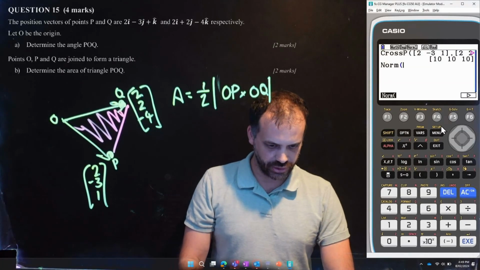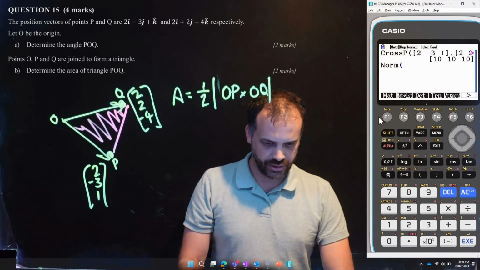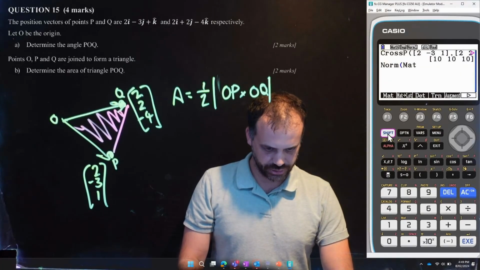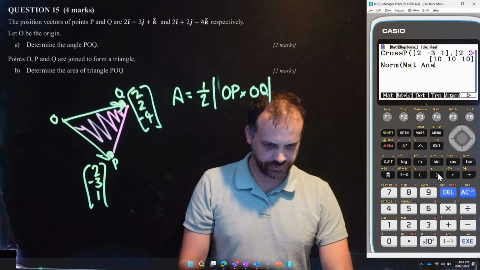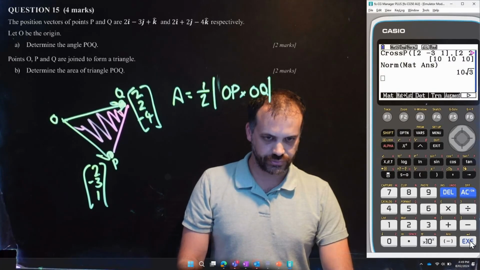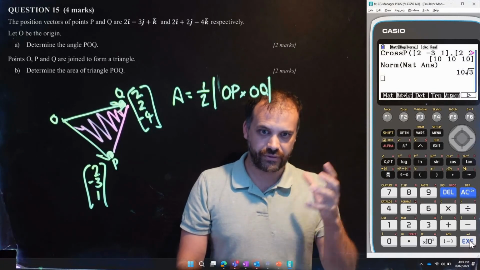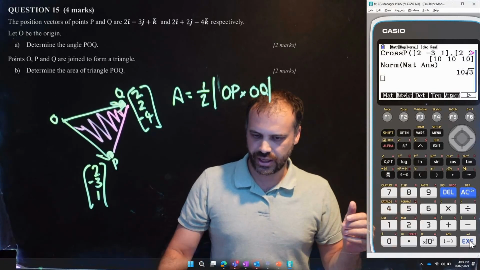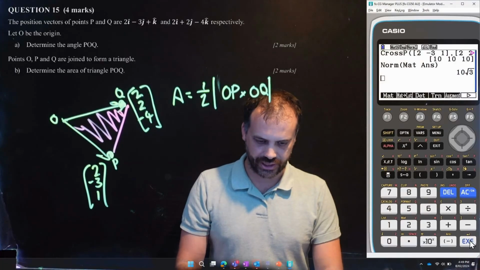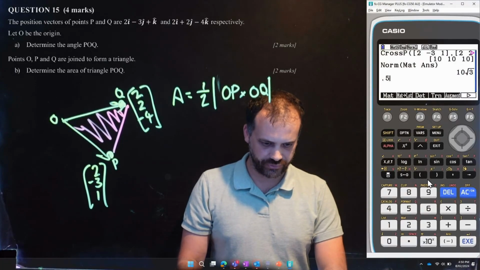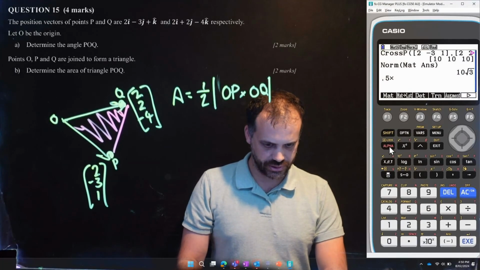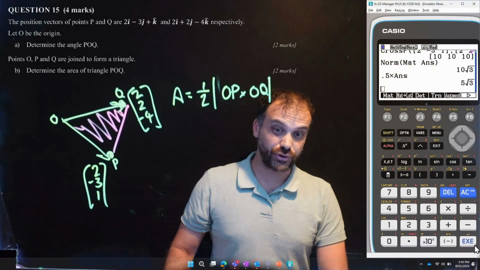So I'm going to go across again, mat shift the answer. All right, so I get 10 root 3. And then I want half of 10 root 3. And, you know, I probably don't need a calculator to do that. 0.5 times the answer. I get 5√3.